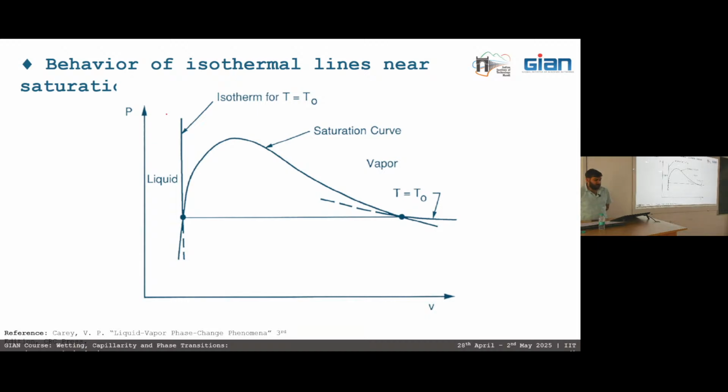On a PV diagram, these metastable states can be visualized as lying on the isotherms that extend into the vapor dome. So these metastable states can be somewhere here on the isotherms extending into the vapor dome. If we begin with a metastable liquid, let's say at this point, and we increase the specific volume, we expect to reach near the vapor saturation line, right?